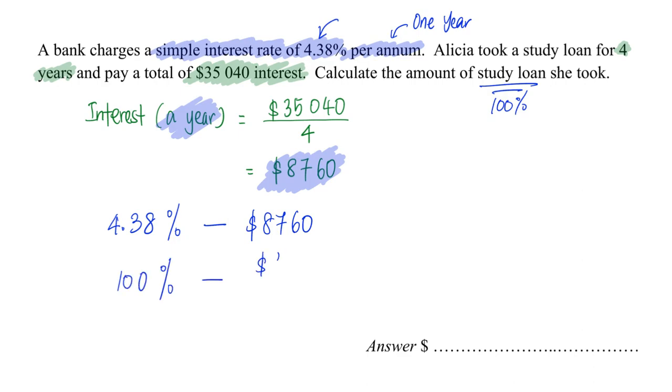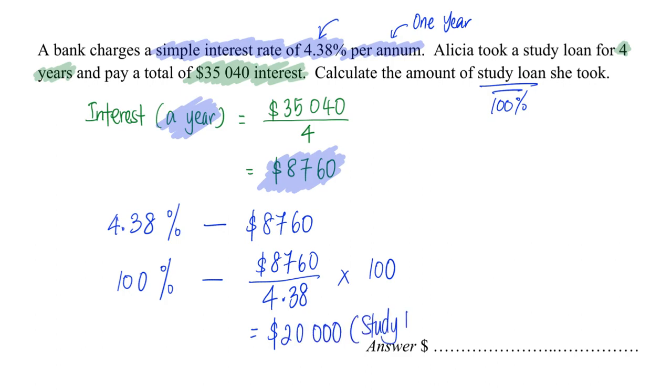So I would then have to divide by 4.38 to get how much is this 1%. And once I know the 1%, all we have to do is to multiply by 100 to give us the amount of study loan. In this case, 20,000.